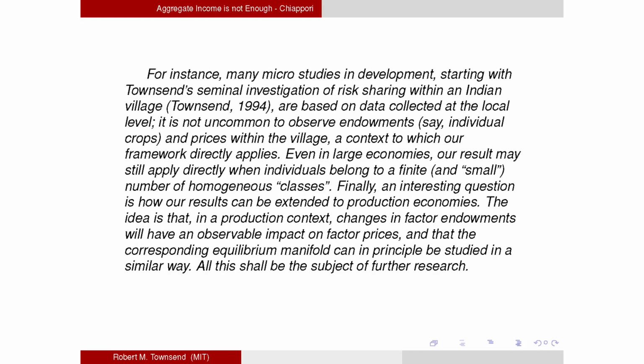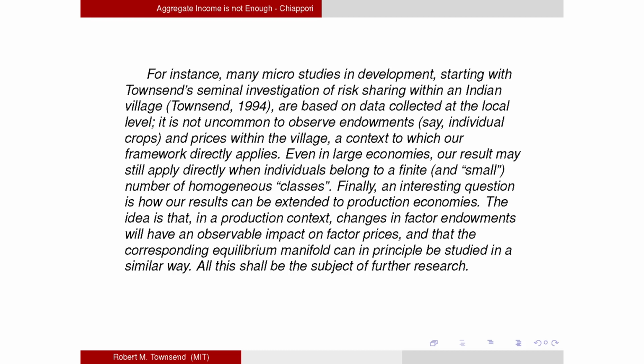And then they go on to talk about something you're familiar with because we did it in the class, risk sharing in Indian villages. It's not uncommon to observe endowments like crops and prices. We did a little bit of that, and less so with the risk sharing, in which case their content works directly.